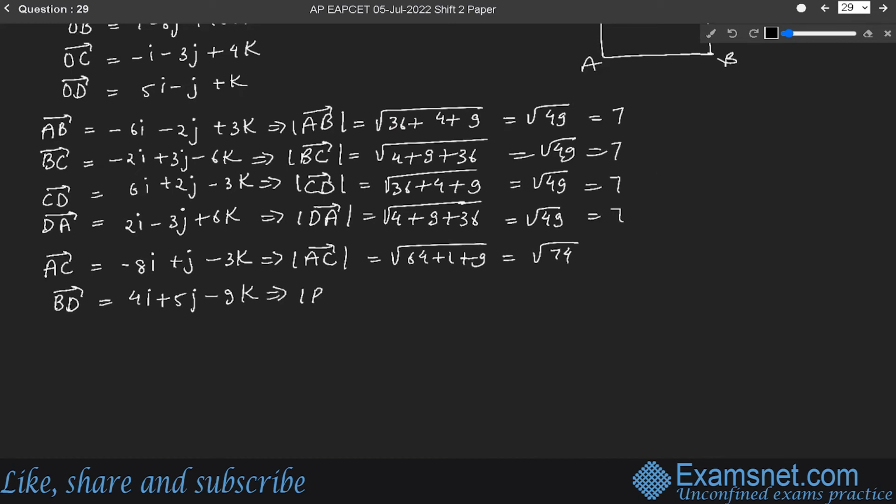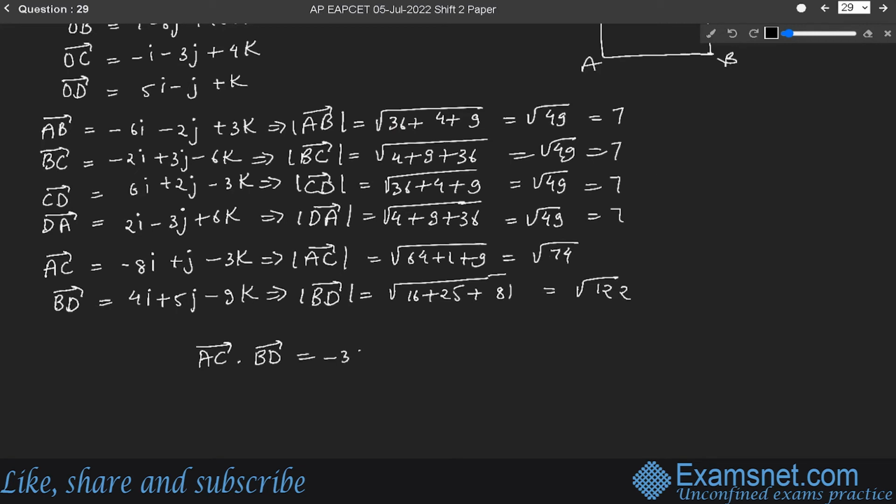Therefore, modulus of BD vector will be equal to under root of 16 plus 25 plus 81. So it will be equal to under root of 122. We know that AC vector dot BD vector will be equal to 0. So let us multiply AC vector into BD vector.